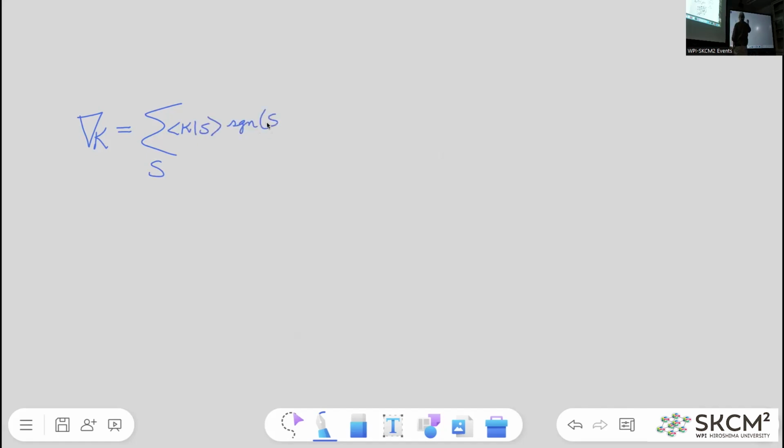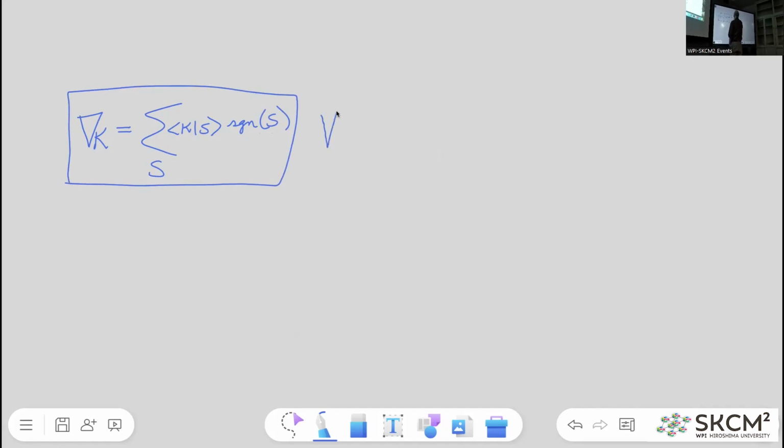So we have this formula. And I could write this formula out symbolically this way.